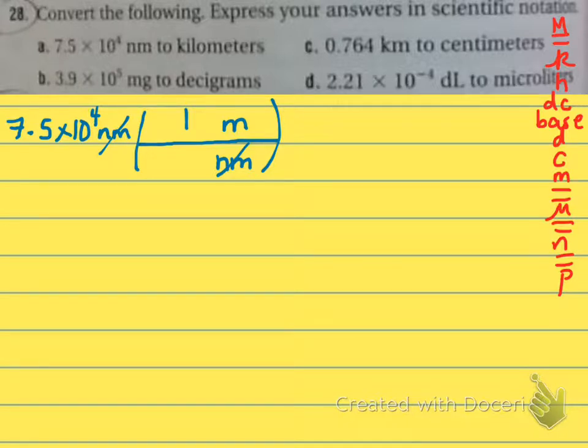And again, meter is my base. So 1, 2, 3, 4, 5, 6, 7, 8, 9. Okay, so that's going to be 10 to the 9th. So I'm going to get 7.5 times 10 to the negative fifth meters.